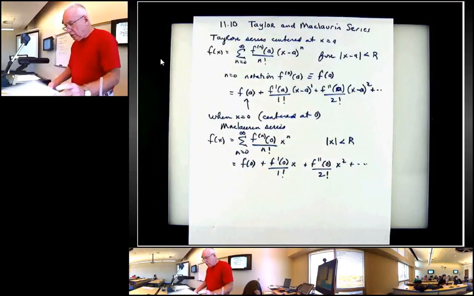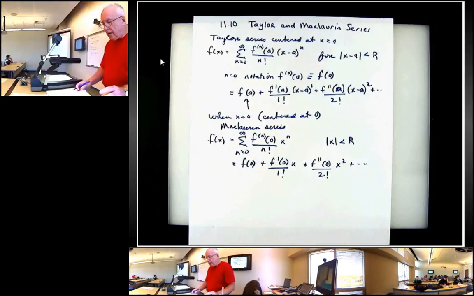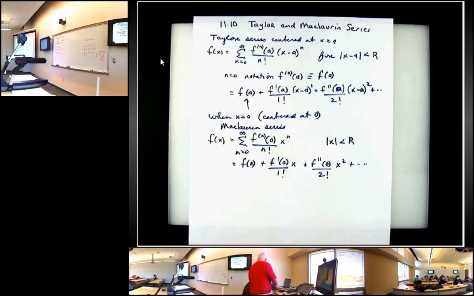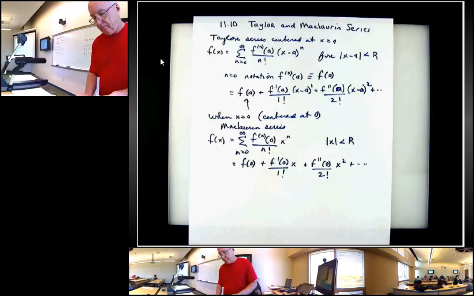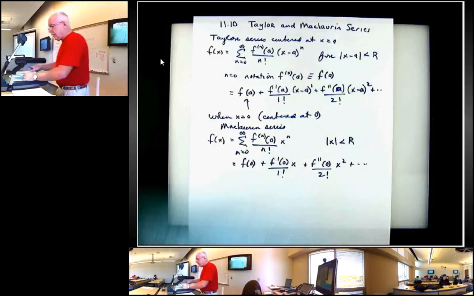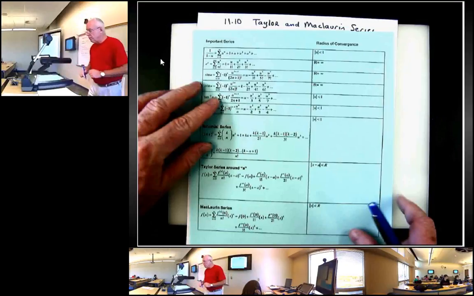So we've gone through a couple of examples of these. We had gone through the sine and the cosine and the e to the x function. Let me grab my important series handout, which you'll have available to you for the test.